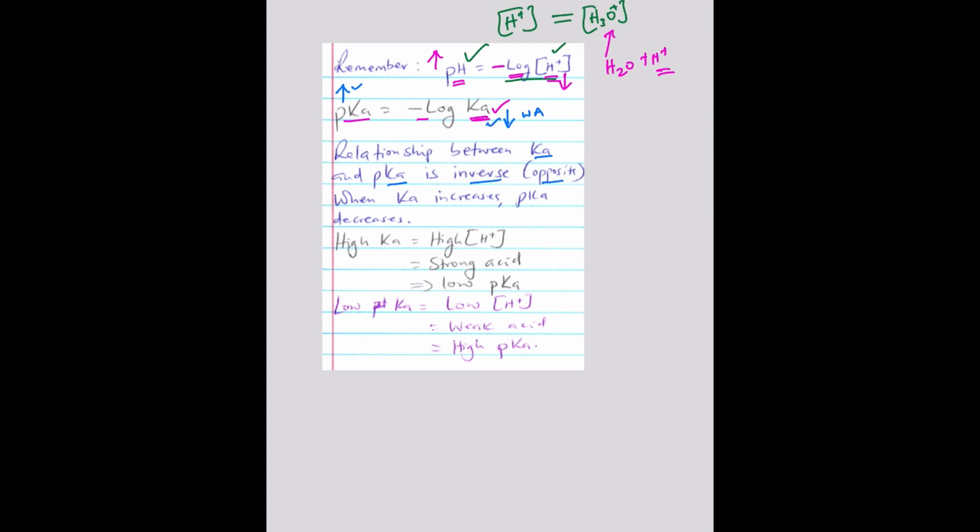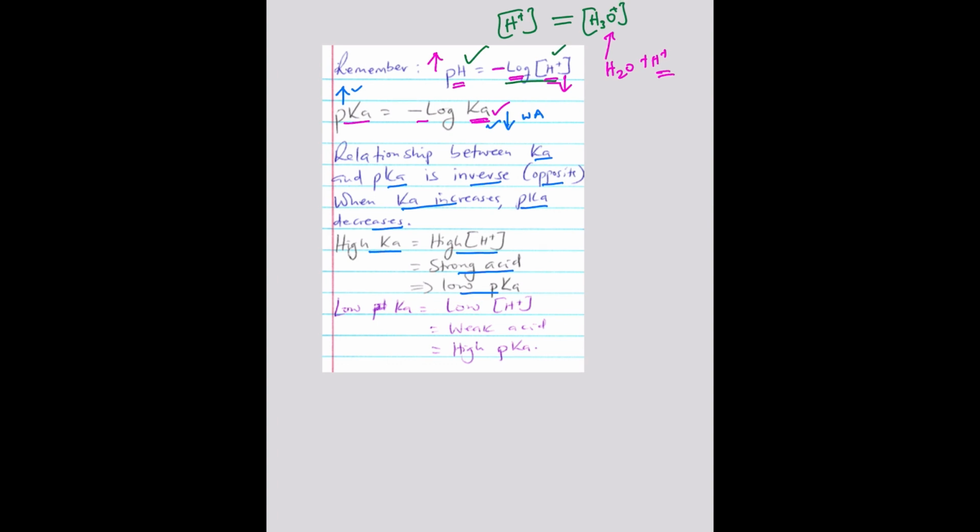When Ka increases, pKa decreases. Therefore, high Ka means high concentration of hydrogen ions, which means a strong acid, but it also means low pKa. On the other hand, low Ka means low concentration of hydrogen ions, weak acid, and high pKa.